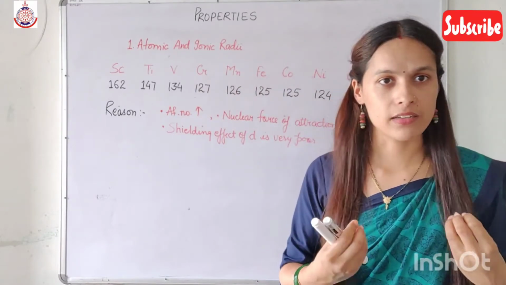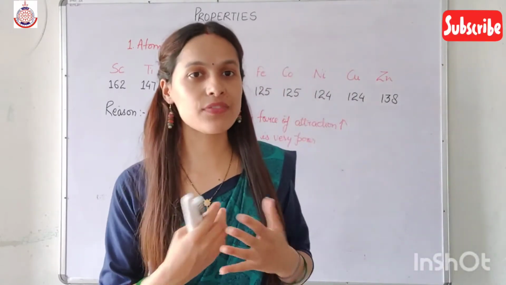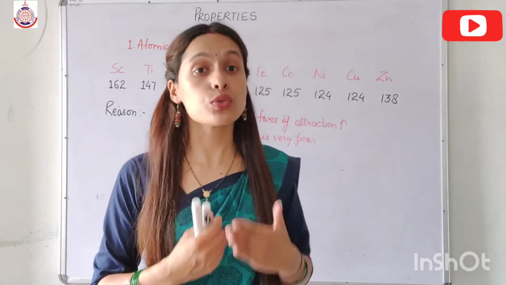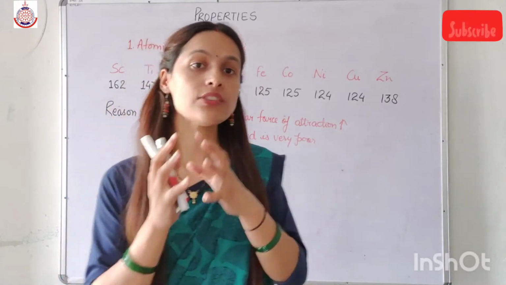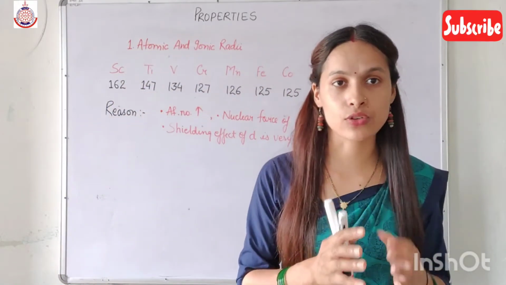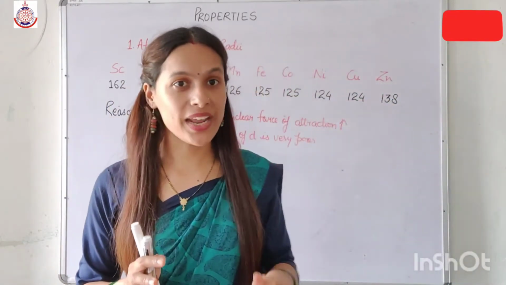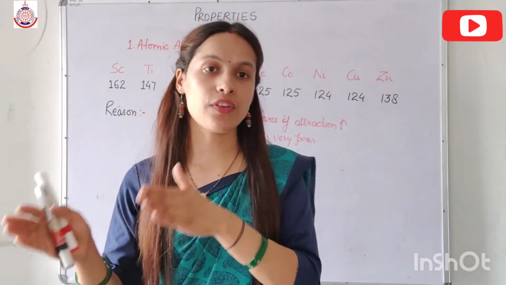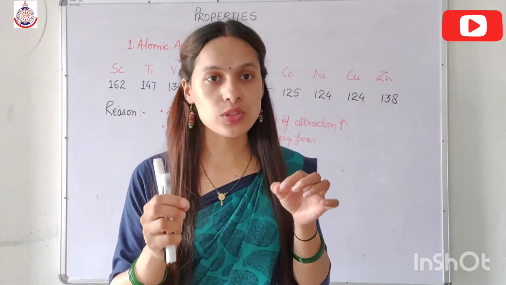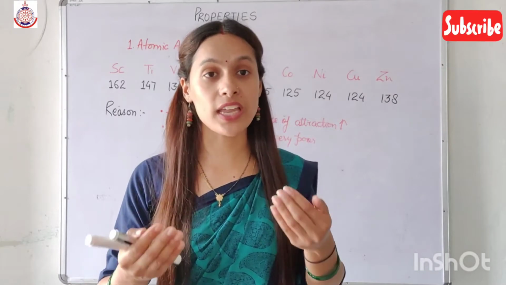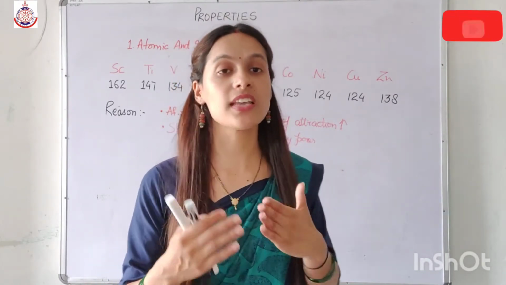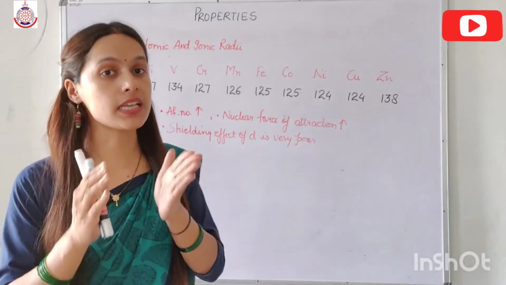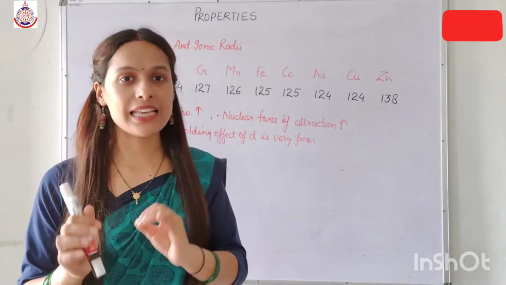Means the increased overall shielding effect of the d electrons suppresses the increased effective nuclear charge, and due to this there is a net result of very less decrease in the atomic radii. Because of this, atomic radii will decrease, but to a very less extent.